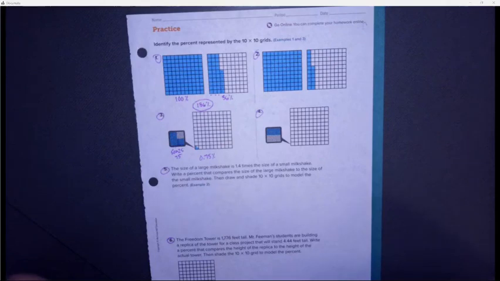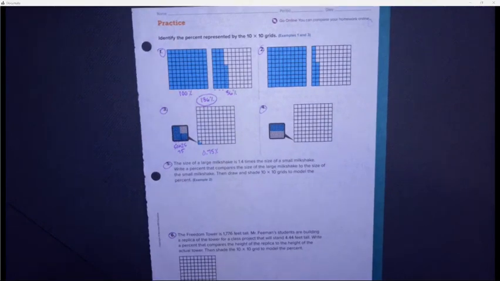Number 5 tells us the size of a large milkshake is 1.4 times the size of a small milkshake. Write a percent that compares the size of a large milkshake to the size of the small milkshake. Then draw a 10 by 10 grid to model the percent.